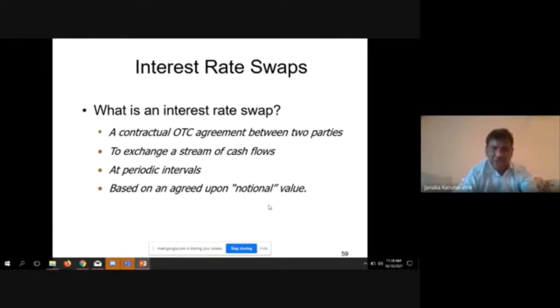So in a currency swap, there is an exchange element as well, but in an interest rate swap, we don't. It's only the exchange of interest rate cash flows based on a notional value.